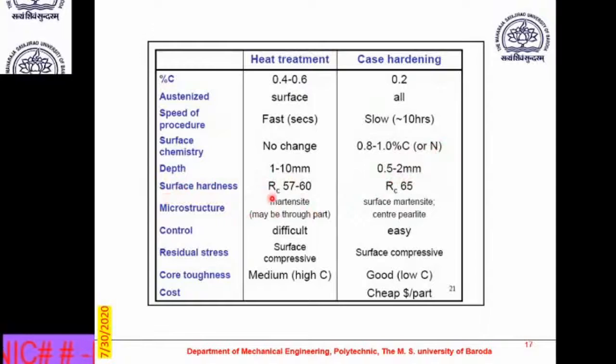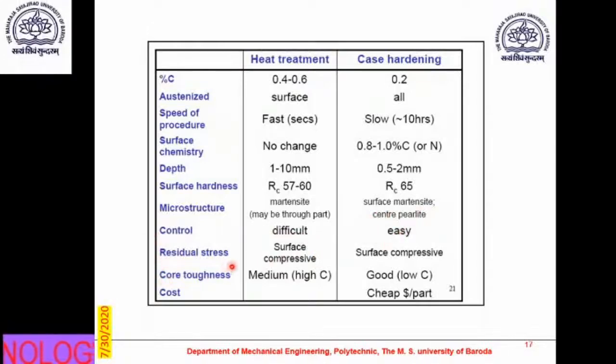Surface hardness, that is the hardness scale Rockwell C, is 57 to 60, here you have 65. Microstructure of the surface becomes martensite, maybe throughout the part. Here the microstructure is also martensite with the central part being pearlite. Control is difficult, here it is easy.